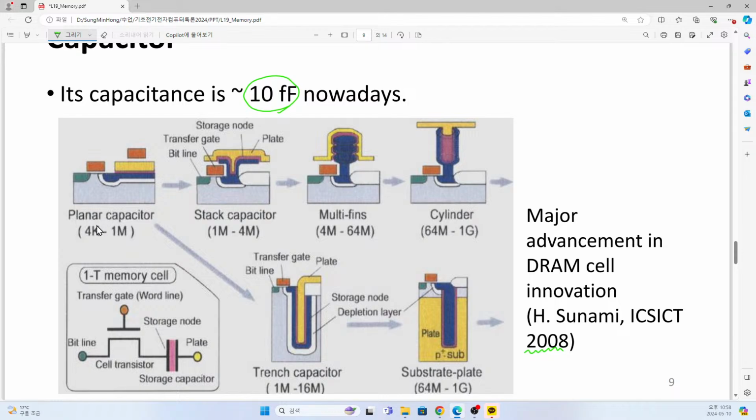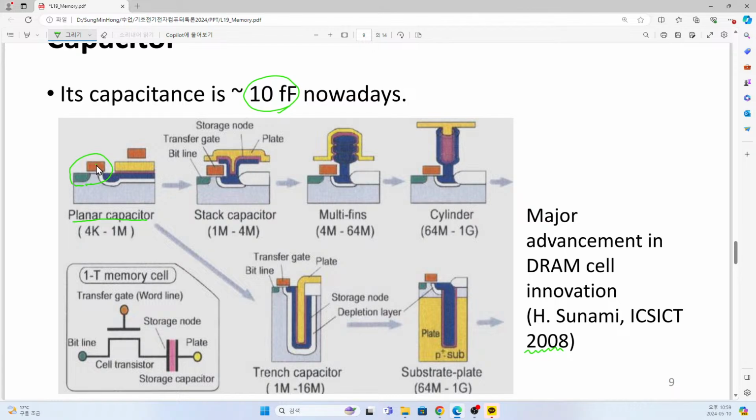So when it was first invented, it was just implemented with a planar capacitor. Here, where can you find the transistor and where can you find the capacitor? So this part is corresponding to our transistor.